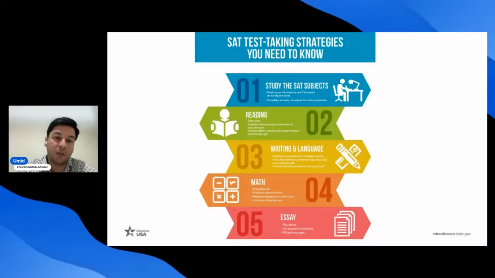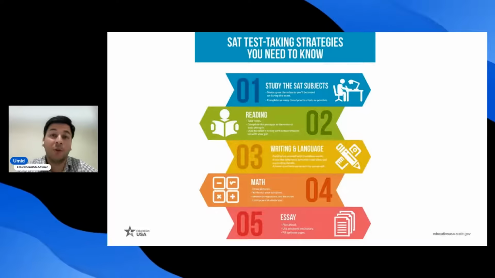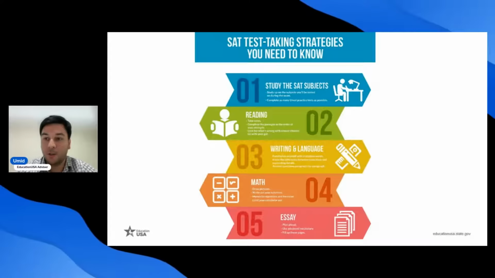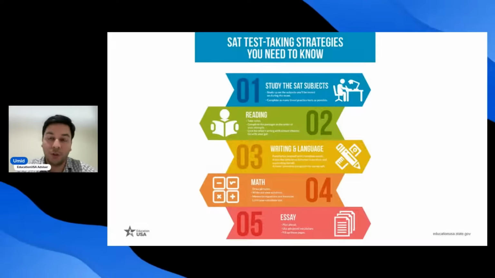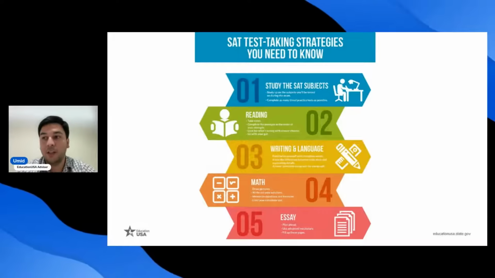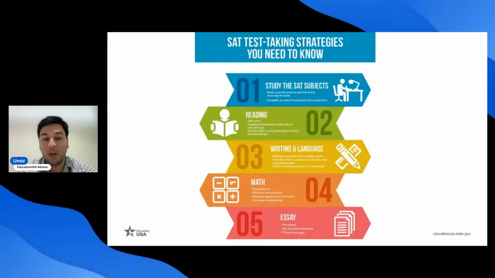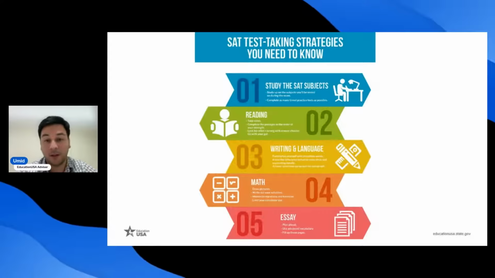This is called the elimination strategy. If you don't know the right answer, you can simply go with the idea of choosing the wrong answers. If you're sure that an answer is wrong, you can eliminate it, and it will make your choice easier. And you have to go with your gut, which we will discuss later in the presentation.